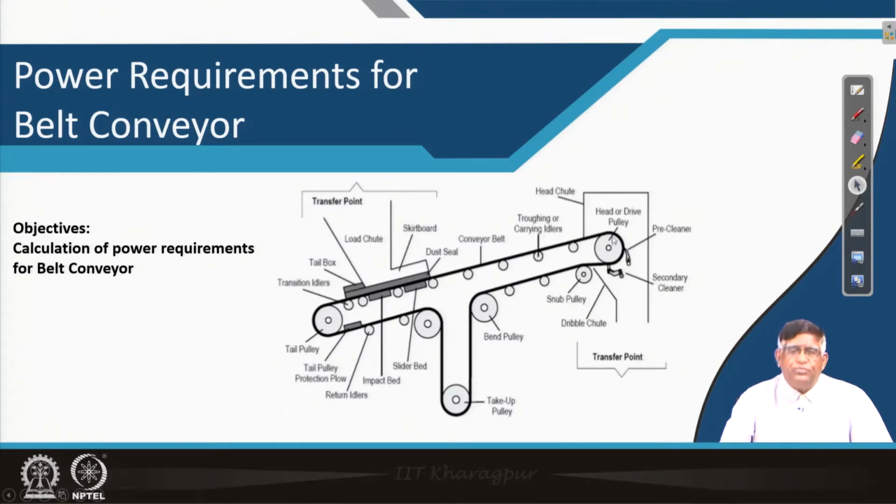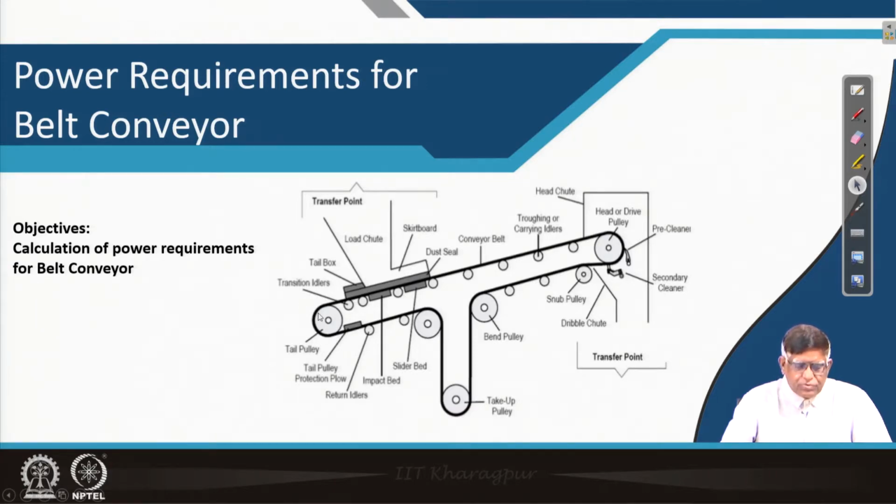The driving of a conveyor belt depends on how much total resistance comes on the belt. In all these idlers you can see over here, the rubber belt or the steel cord belt is lying over these pulleys.